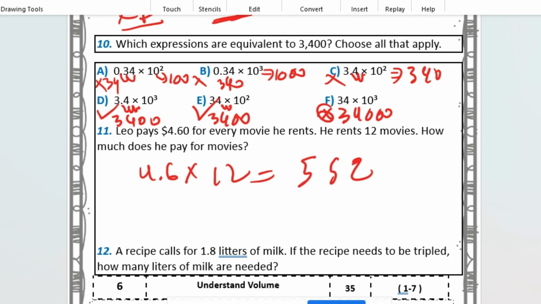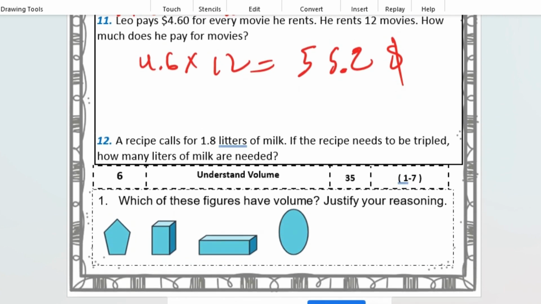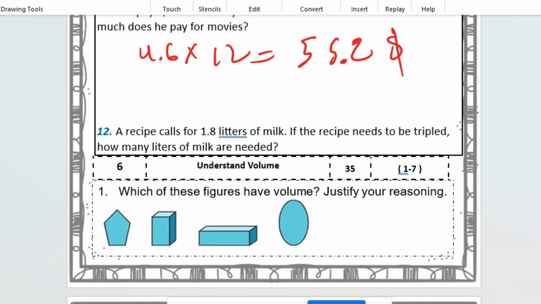We have only one digit after the decimal, so it's 55.2 dollars, of course. Don't forget the unit. Now we're just going to leave this question for you to solve. It basically says 1.8 times 3 because it's tripled.